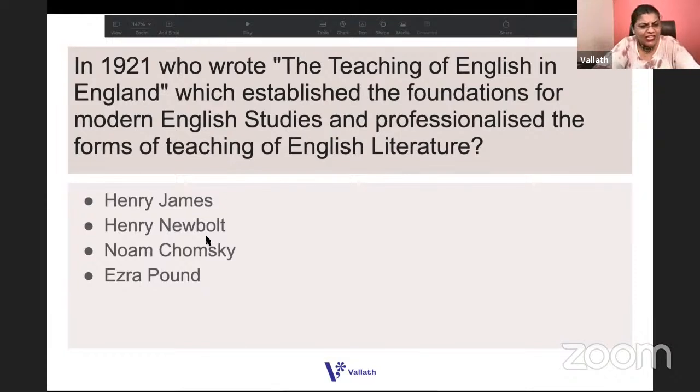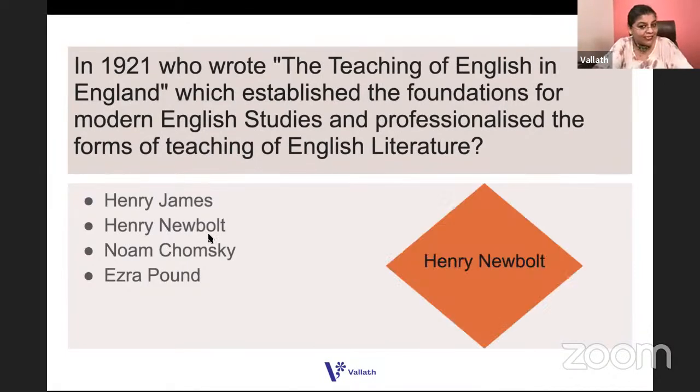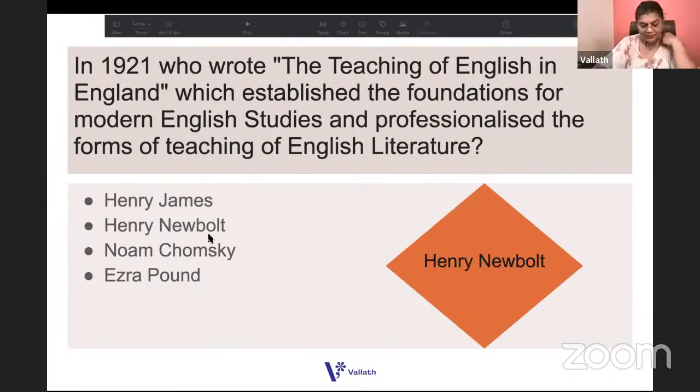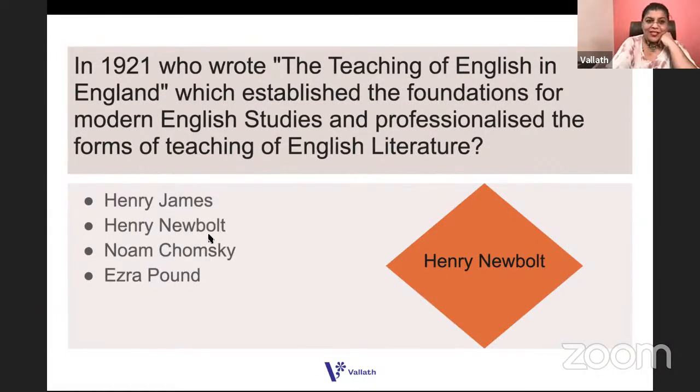Henry James or Henry Newbolt? Noam Chomsky, Ezra Pound. This is an easy question because it cannot be Henry James, it cannot be Noam Chomsky, it cannot be Ezra Pound. It is Henry Newbolt. Francis Priya has said it.